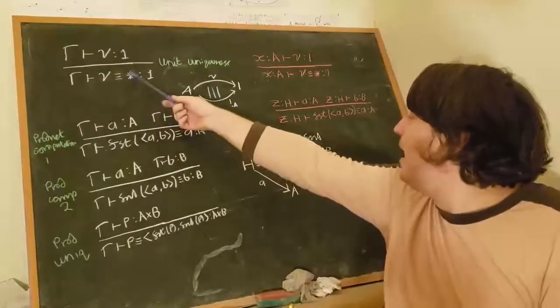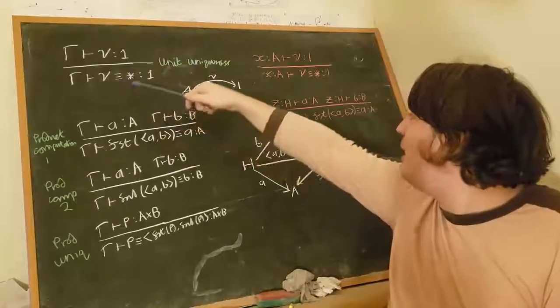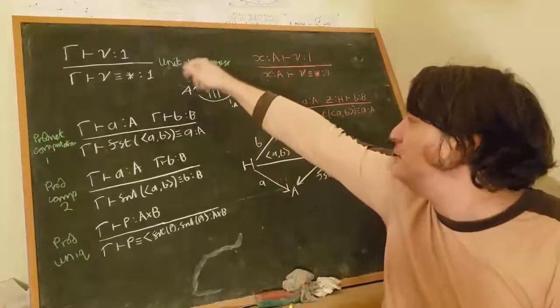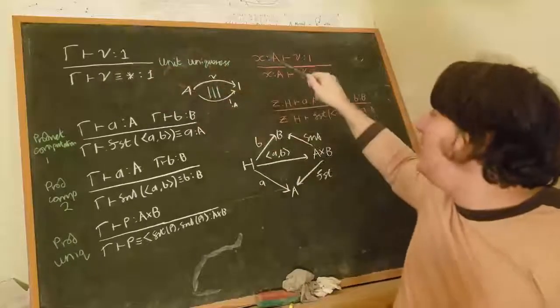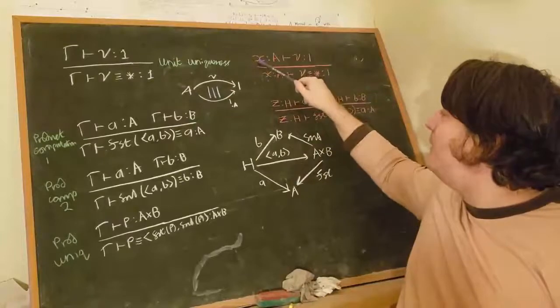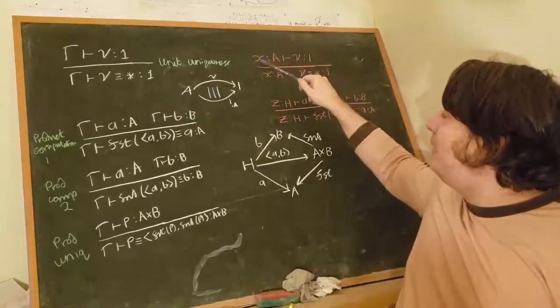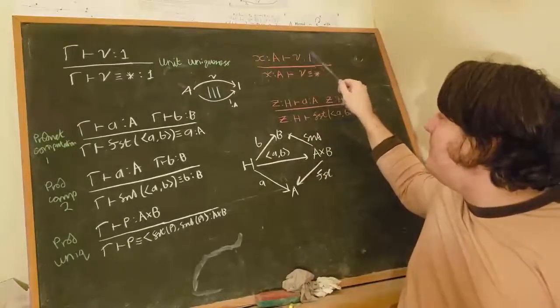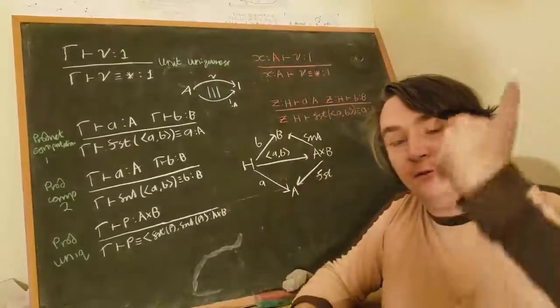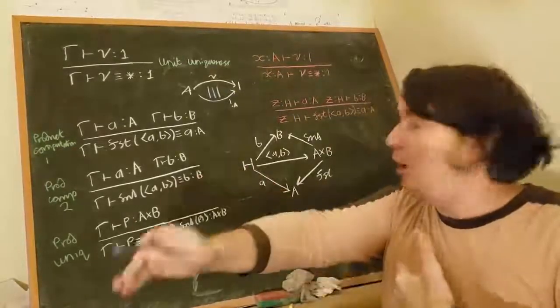Okay, and we can use this. So let's consider a special case of applying this equational rule when gamma is x of type A. In this case, having x of type A gives us this value v of type 1. So you can think of this as giving us a function from A to 1.